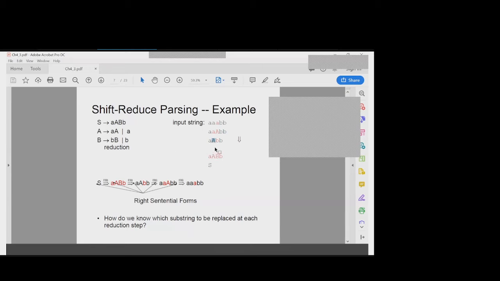So now this A and B. So you can see that there are 2 options. This AA is also there and this AB is also there, right? And you can also reduce this single B. So there are so many possibilities.